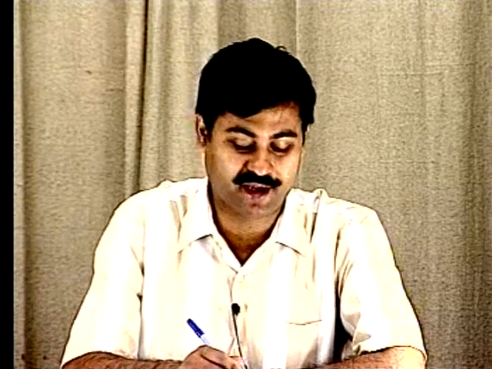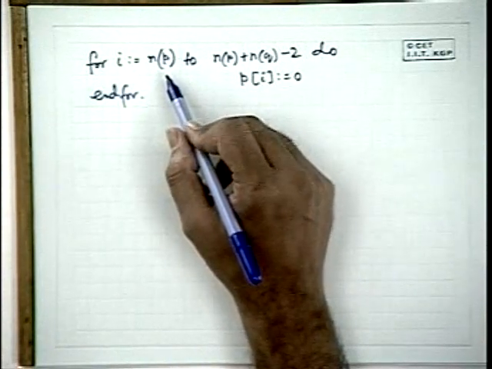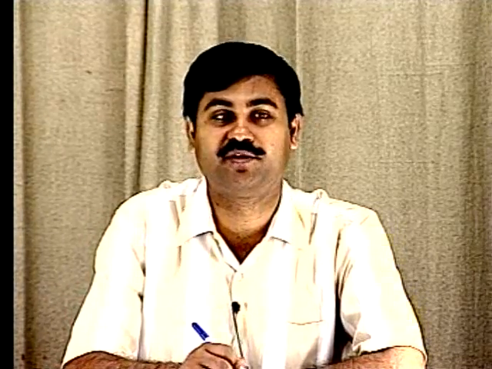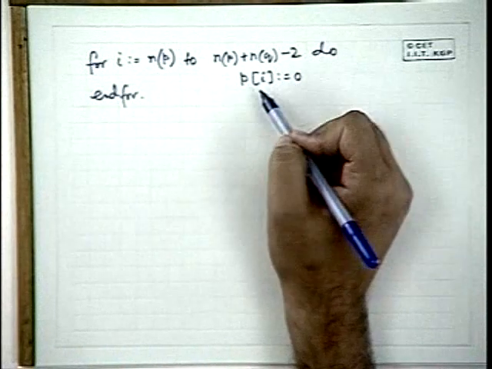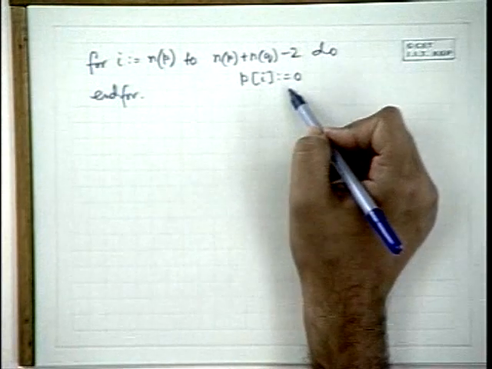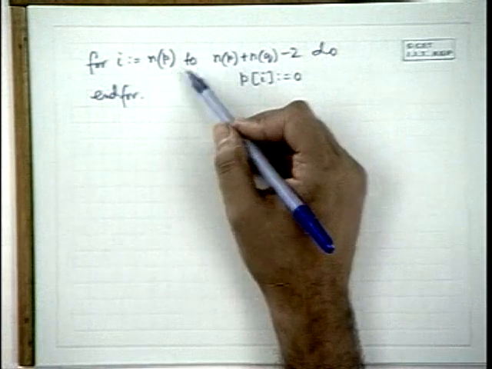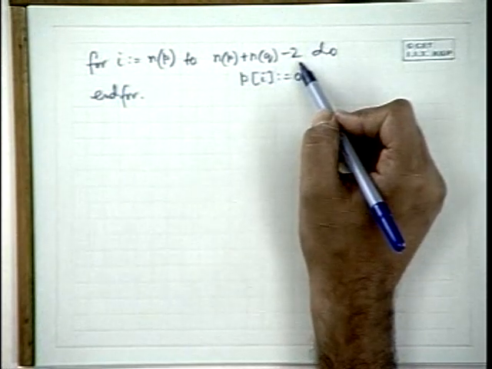That is an upper bound on the degree, because I know that P has degree less than or equal to NP minus 1, which is the definition of degree bound, and Q has degree at most NQ minus 1. So when we multiply, the resulting polynomial cannot have a degree more than NP plus NQ minus 2. Since we are going to use those indices, for uniformity we pad zeros to the polynomials P and Q up to NP plus NQ minus 2.